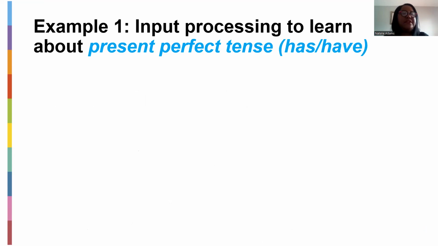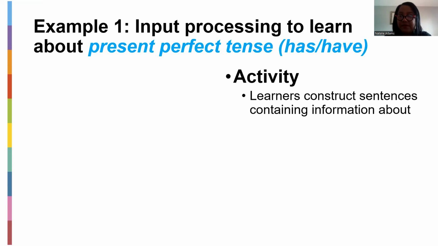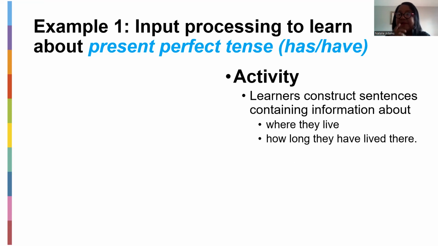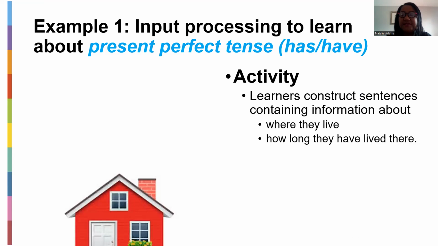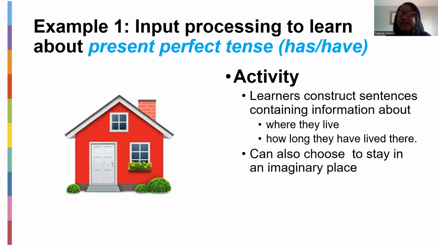So now we're going to look at an example of how to actually teach the present perfect tense, "has" and "have." Okay. So this is an activity. Learners construct sentences containing information about where they live, how long they've lived there. They can also choose to stay in, if they want to, they don't have to.